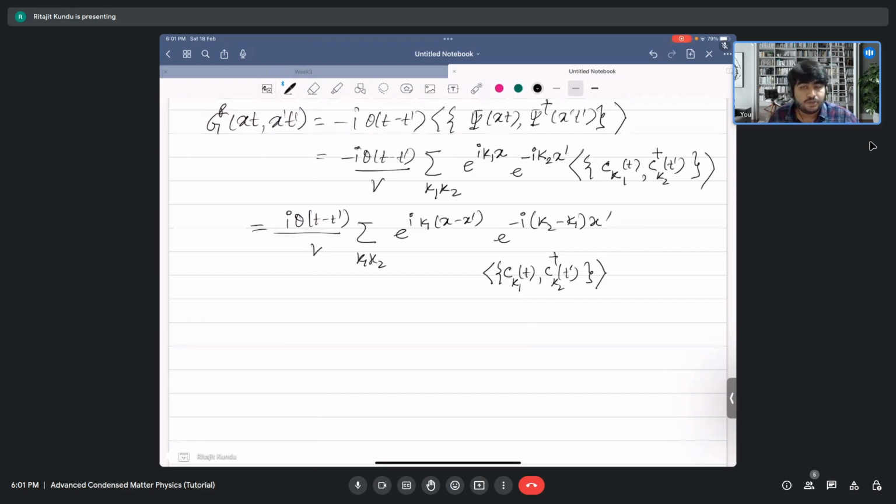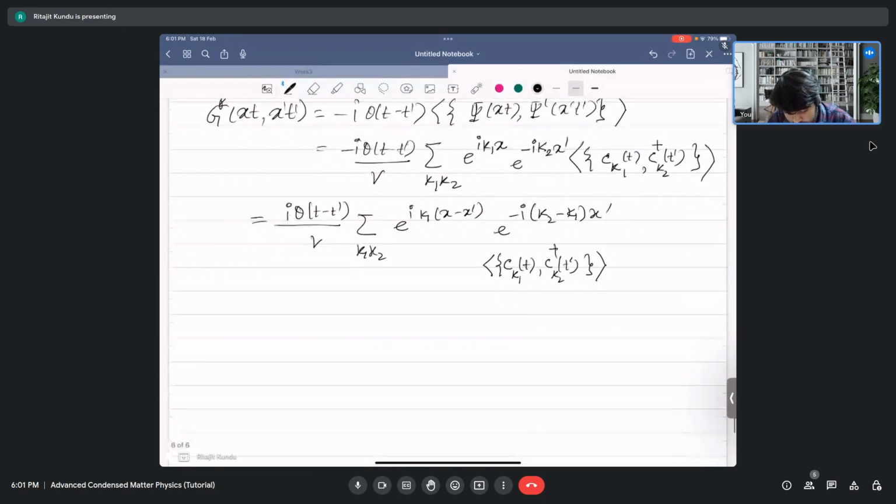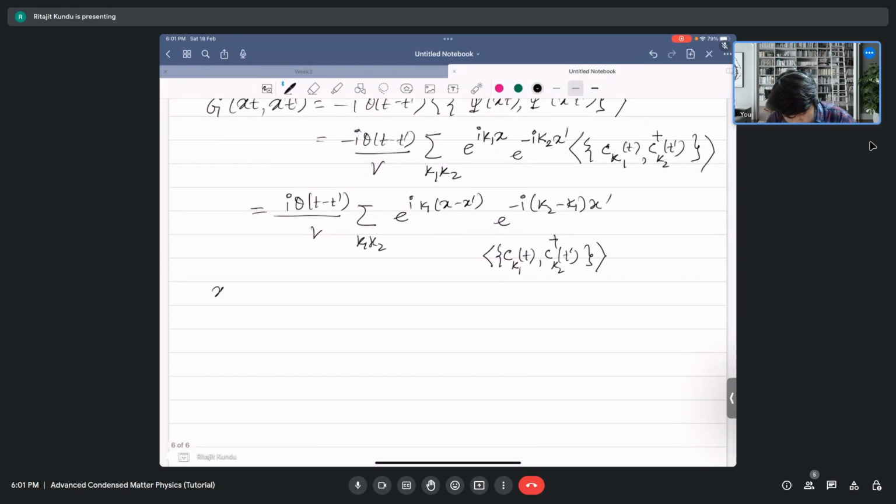Right. So now let's do another trick. Let's say that we are changing our variables from x to x plus capital R, and that is happening for x prime as well. So this R is some constant distance, any distance.